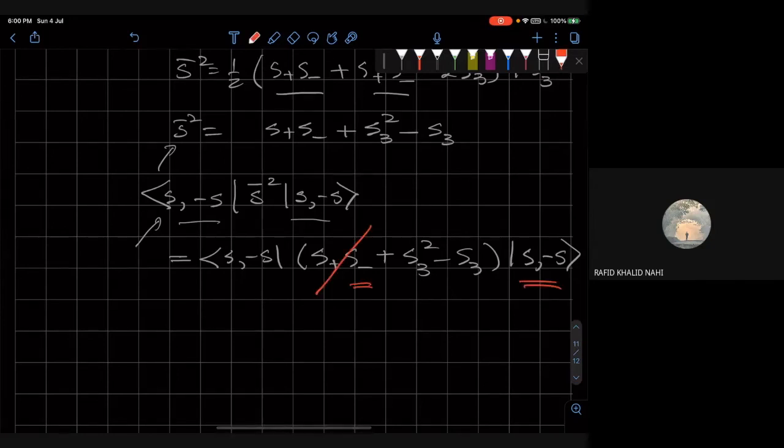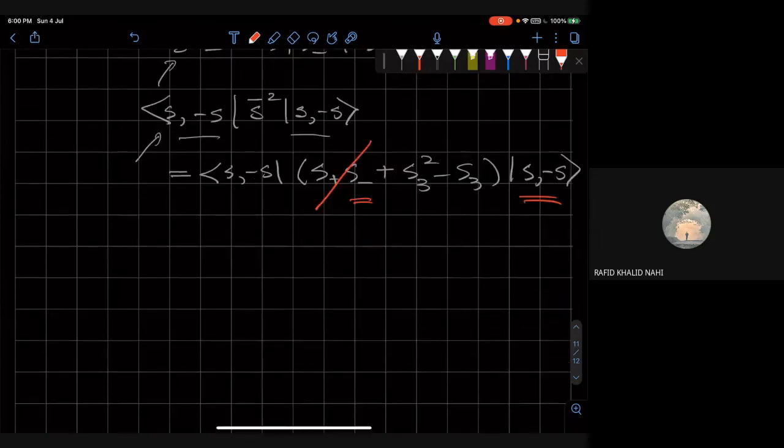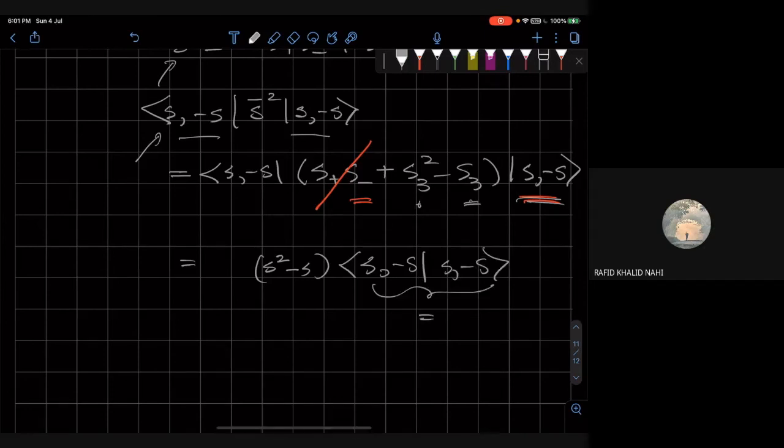So this term will drop out. I will have this term and this term. This term acting on this is just going to give me small s squared, and this term acting on this is going to give me small s. We are assuming these things are normalized.